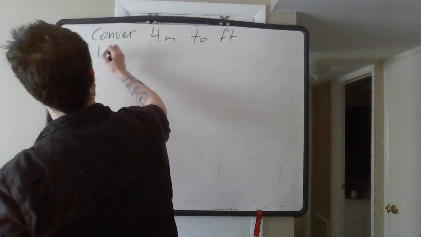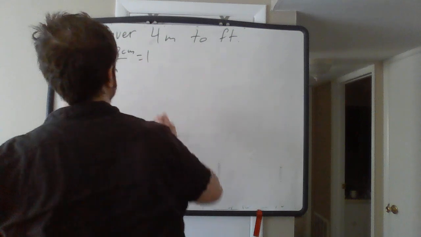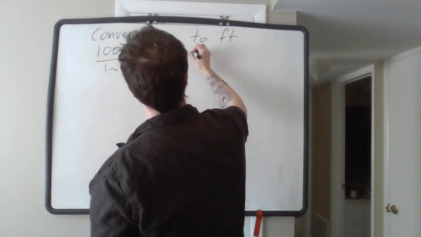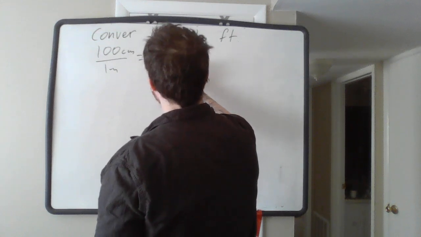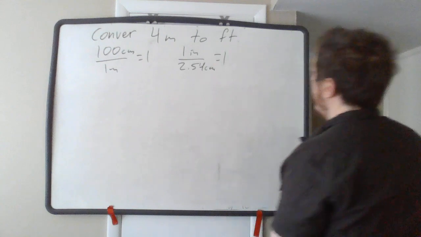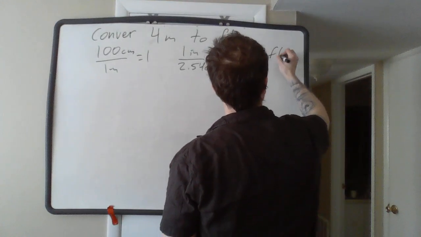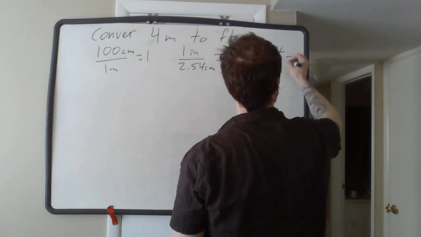Sorry, that's the upside down of what I want. 100 centimeters per 1 meter is equal to 1. We also have a conversion ratio that says that 1 inch per 2.54 centimeters is equal to 1. And finally, we have one that says that 1 foot per 12 inches is equal to 1.